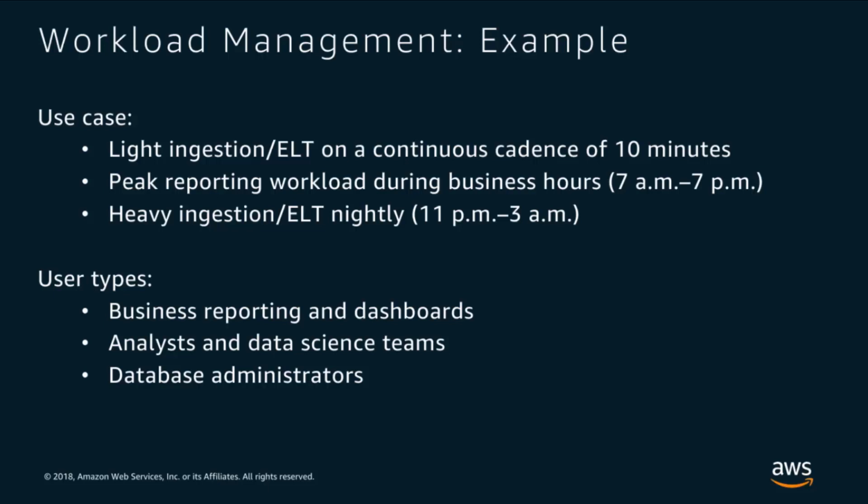Then you have your peak querying, reporting, and dashboards that run through business hours, 7 a.m. to 7 p.m. After that, in the evening, you have that heavy ingestion where you're pulling data from all these different source systems and getting that data into Redshift through the night. And you have a handful of different users and user types: analysts, DBAs, business reporting users, and dashboards.